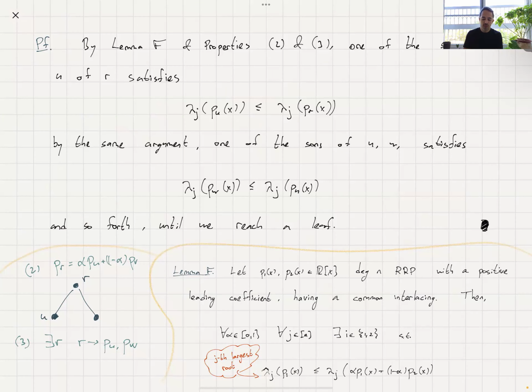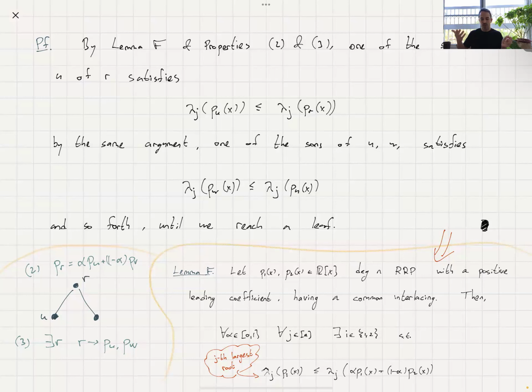We are going to use lemma F, and I just wanted to remind you of what it says. Lemma F tells you that if you have two real-rooted polynomials, p1 and p2, and they have a common interlacing, which means that the segment connecting them doesn't cross the root manifold, then for any j, either p1 or p2 is such that lambda j of that particular polynomial is bounded by lambda j of a convex combination of them.